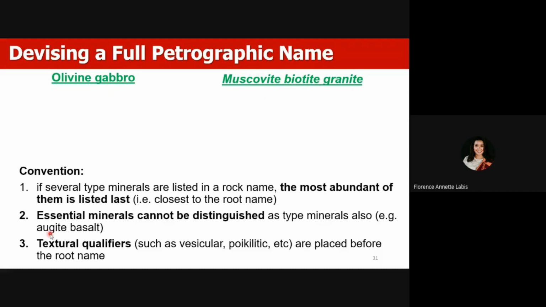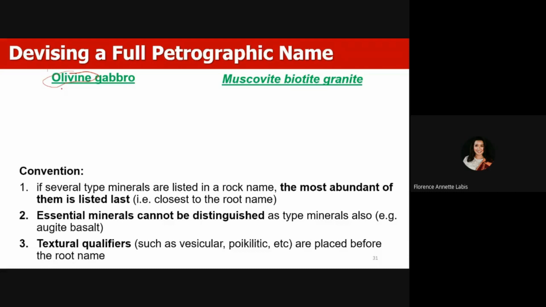If I ask you where their type minerals are, for the gabbro, we know that the type mineral is olivine, because it does not actually change the petrographic name of the gabbro. It is still a gabbro.